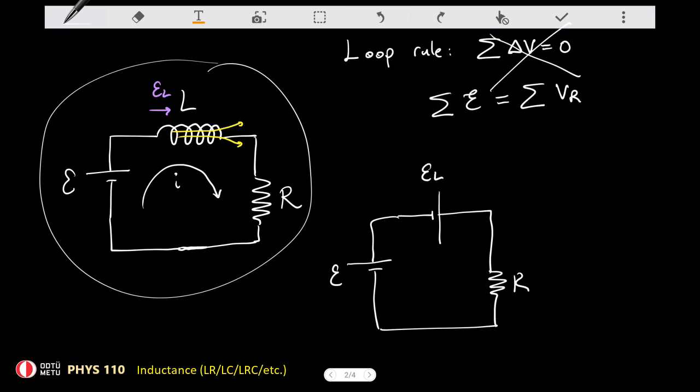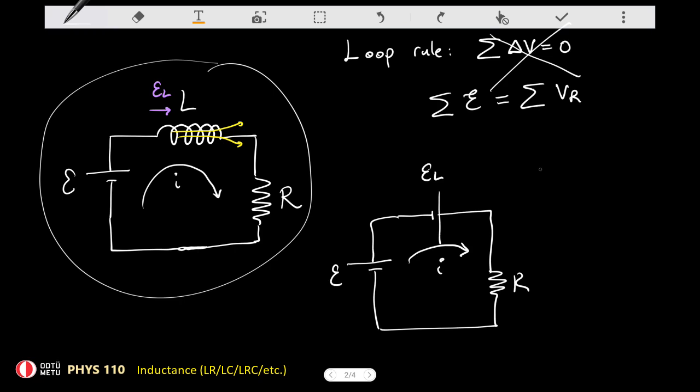How do I choose the polarity? Because I have chosen this arrow to measure the current. Since I need to use this current to express the flux on the inductor, I have to be consistent with my direction. So I'm going to choose the polarity in here to be the same as this arrow that I have chosen for the current. So that's the important point.